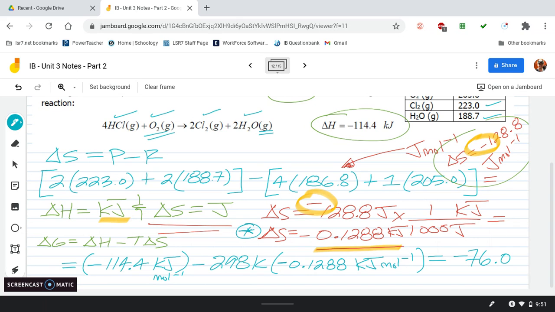Right, so that's your delta G. Now, our delta G is negative. So another part of this answer would be to say that it's negative, that your delta G is negative 76 and spontaneous. So I'm going to go ahead and add that in there because I think both pieces are equally important.